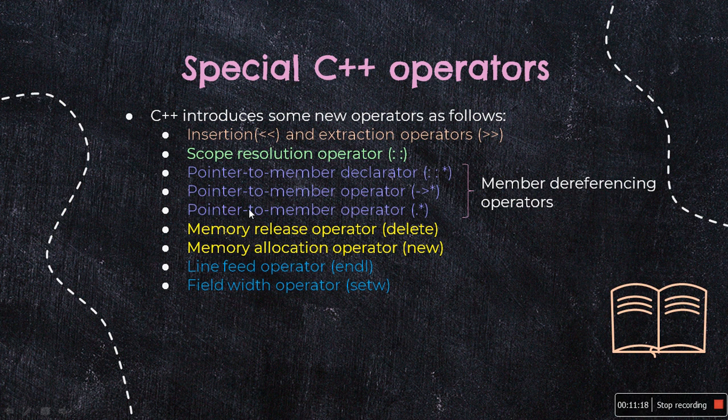And then pointer to member operator dot followed by asterisk is used to access a member using object name and a pointer to that member. So we will understand this in detail when we will be using it in our future lectures. So member dereferencing operators, we'll keep it aside as of now.